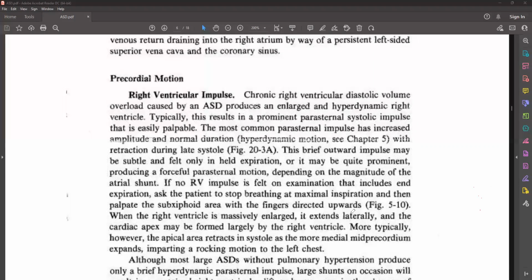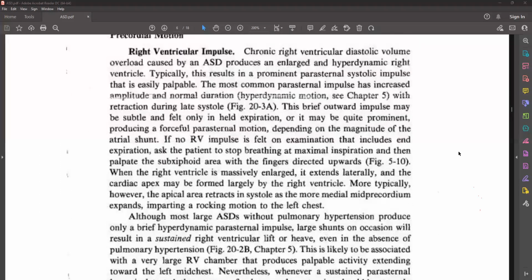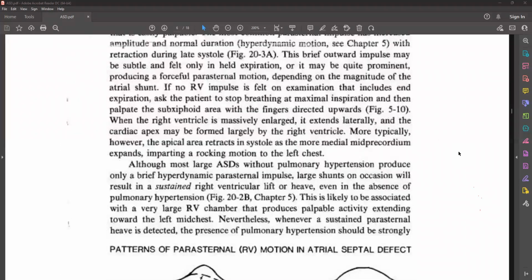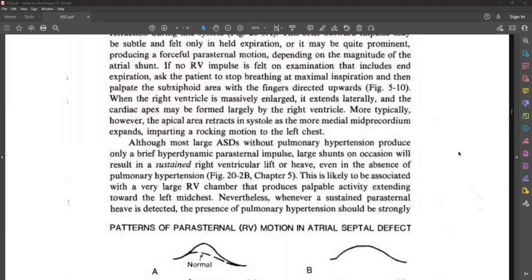But what you need to understand here is that it can occur without pulmonary hypertension. A large VSD without pulmonary hypertension can produce a hyperdynamic parasternal impulse. So you need not actually attribute it to that. Let me just show the part more clearly for you.